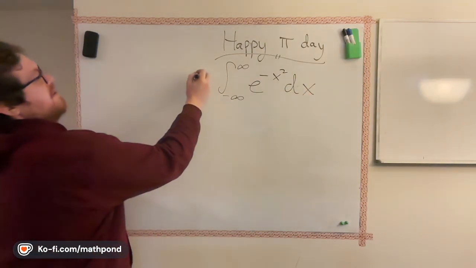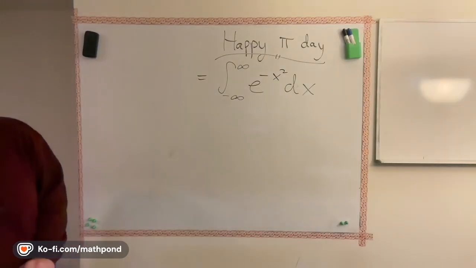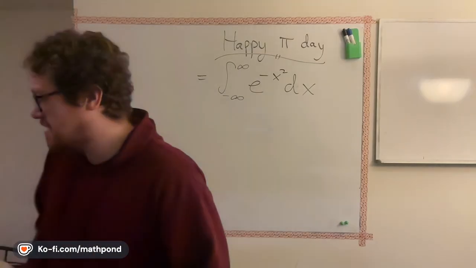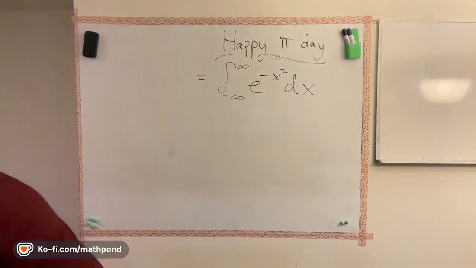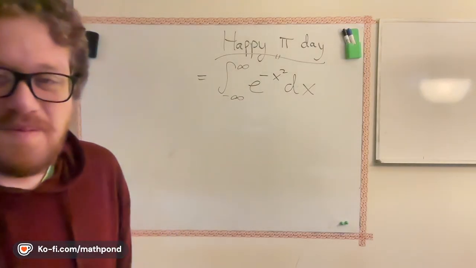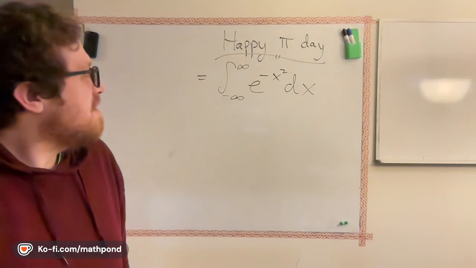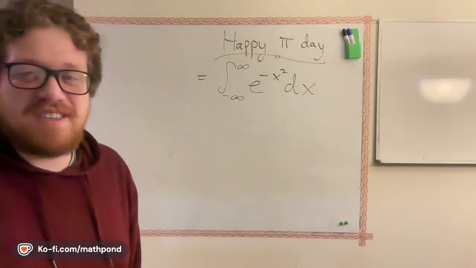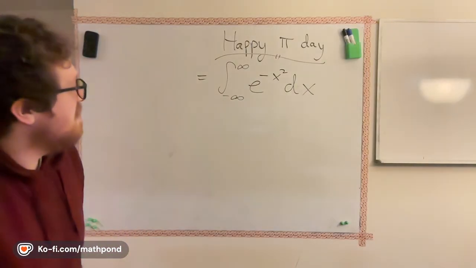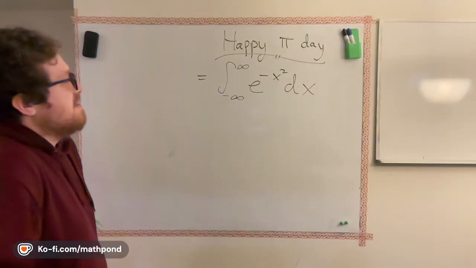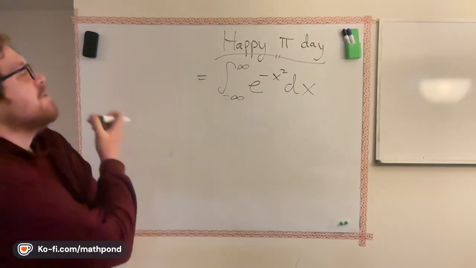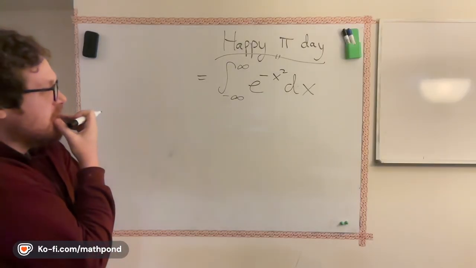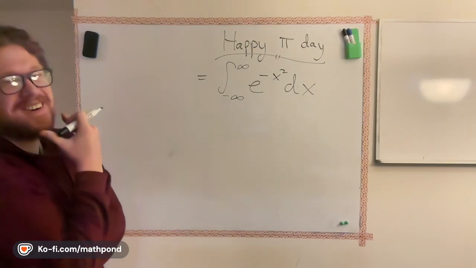What is this one? I always forget what the fractions are. Does anybody remember this one? I think it's like square root of something. I don't want to prove this one though.